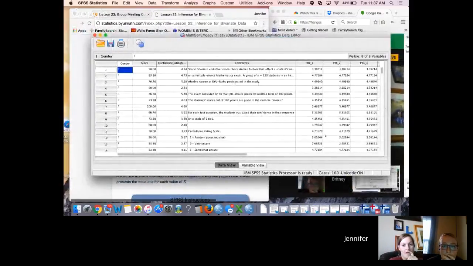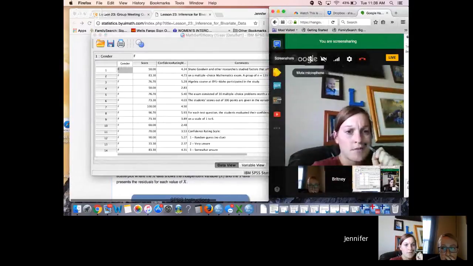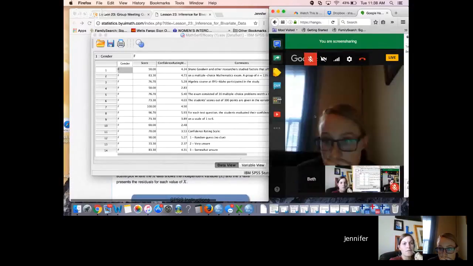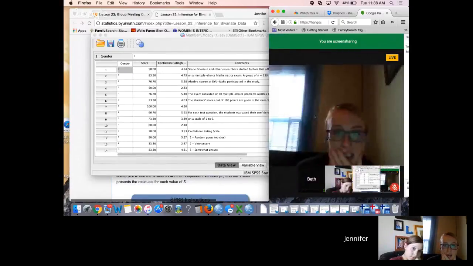Use the confidence variable as the explanatory variable and the score as the response variable. What'd you put as independent? The score, because that's the response variable.